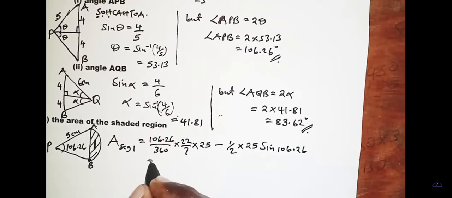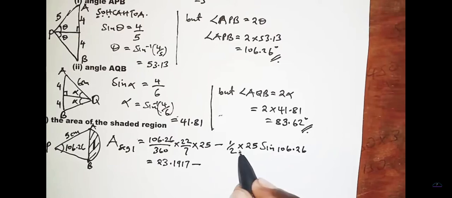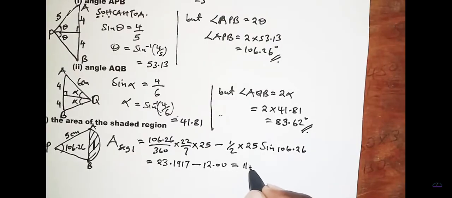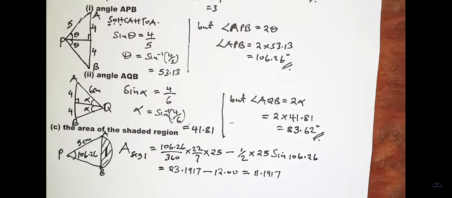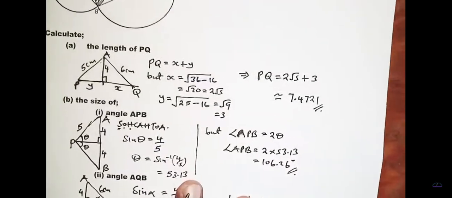So this is going to give us 23.1917 minus, so when we work out this, we are going to get 12.00. So we end up with 11.1917.